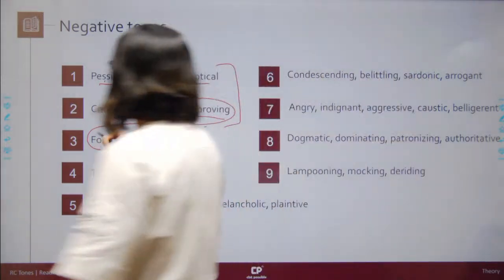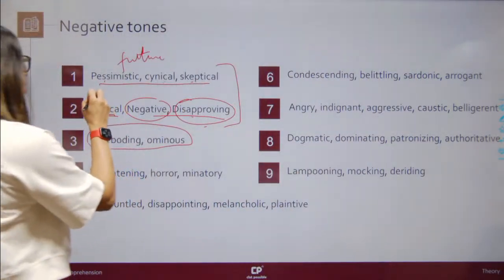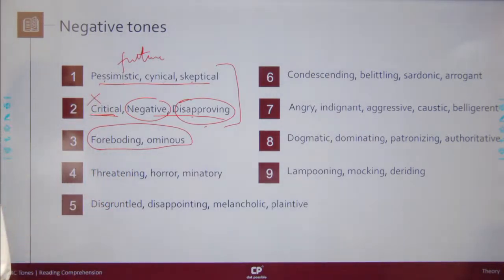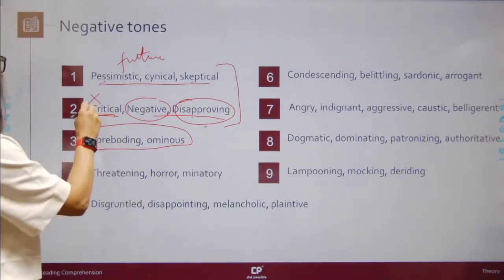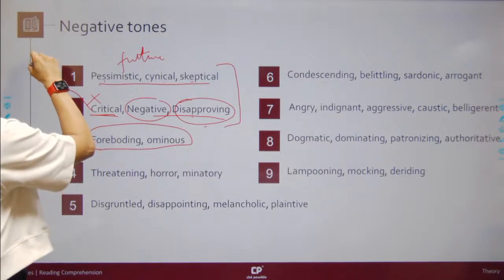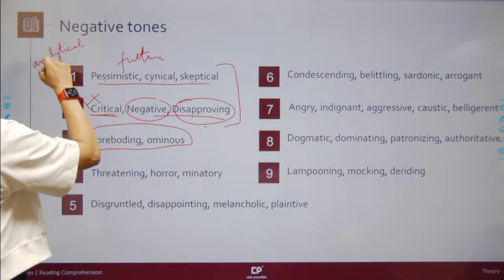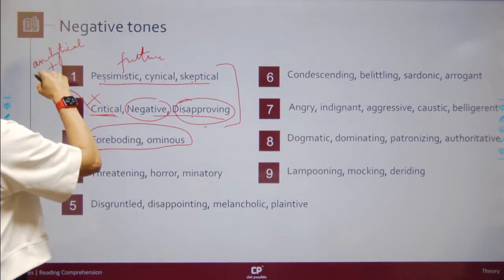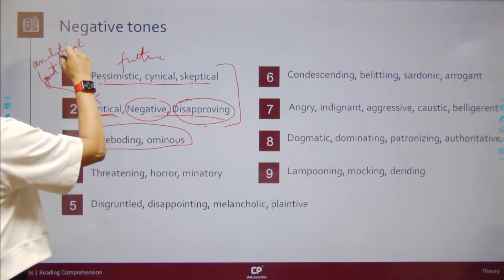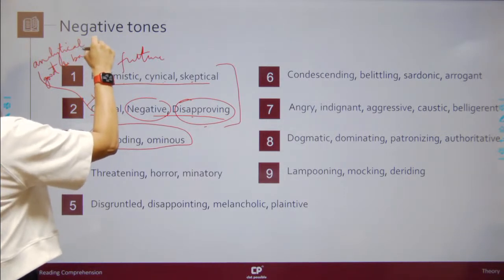I have written the word critical here to show you critical does not mean criticism. Critical tone means that the author is analyzing and also talking about the good and the bad points.